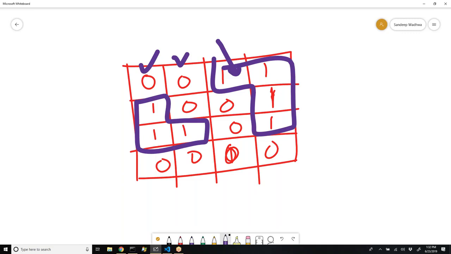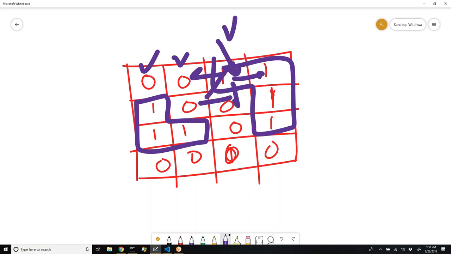Let's do DFS on this matrix starting from here. When you do DFS, this time your adjacent children in the matrix are directly known. You don't have to refer to an adjacency list. Because it's a matrix, you know the right neighbor, down neighbor, left neighbor, you can calculate their indices. Those are your choices to proceed. Mark this vertex as visited.